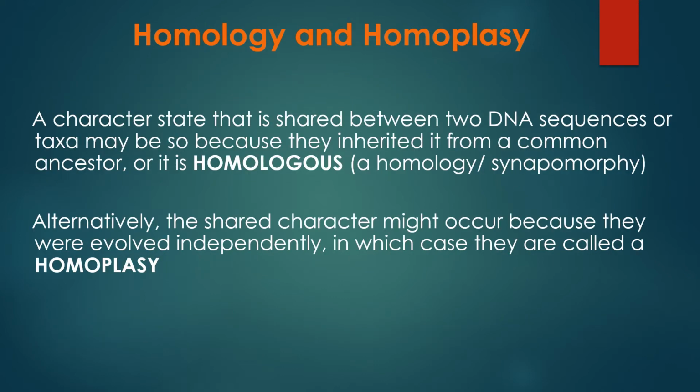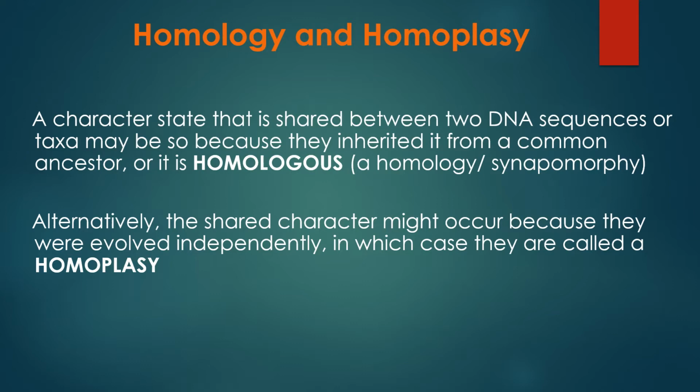So look at homology and homoplasy. A character state that is shared between 2 separate DNA sequences or taxa may be so because they inherited it from a common ancestor, right? Then it is homologous, or homology. Alternatively, the shared characteristic might occur because it evolved independently, in which case it is called a homoplasy.